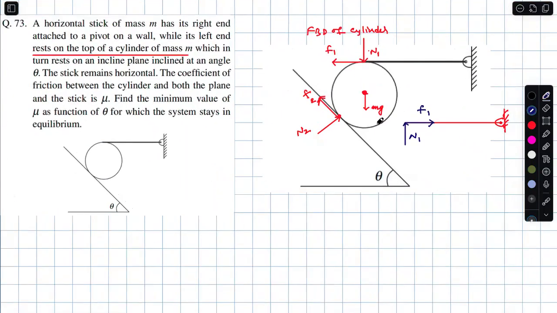Is it mentioned as a light stick? No. That is also having mass, the same mass. Both are the same mass. And this is at a distance L/2. Right. I hope we are very clear on this till this point. So this is the free body diagram of the rod.